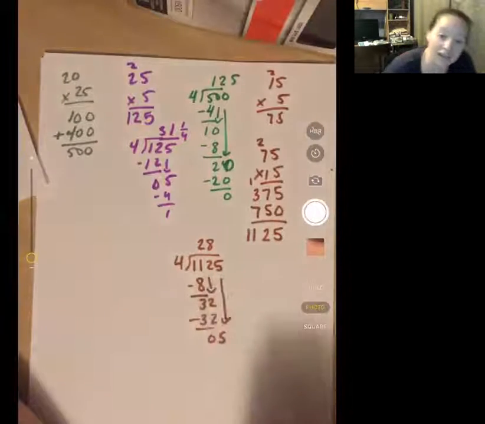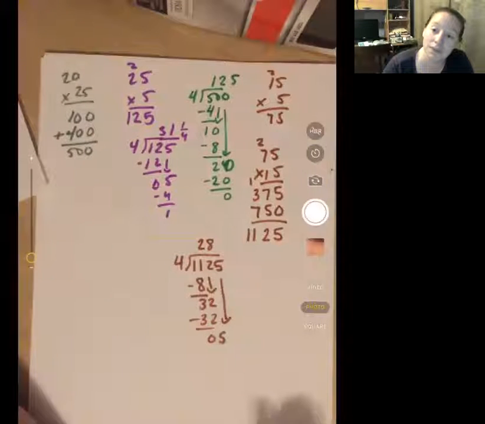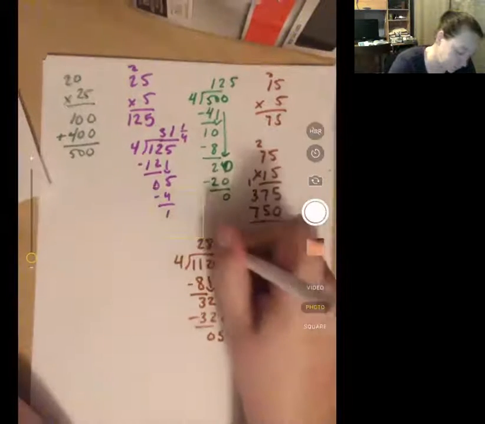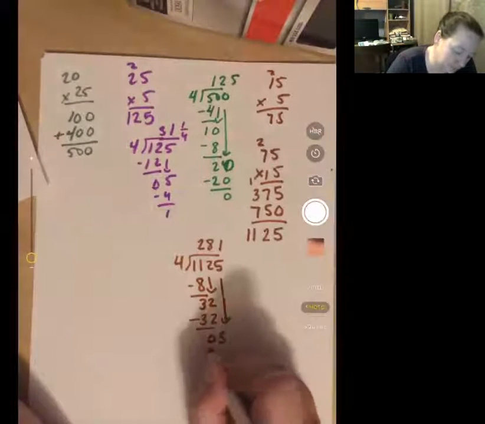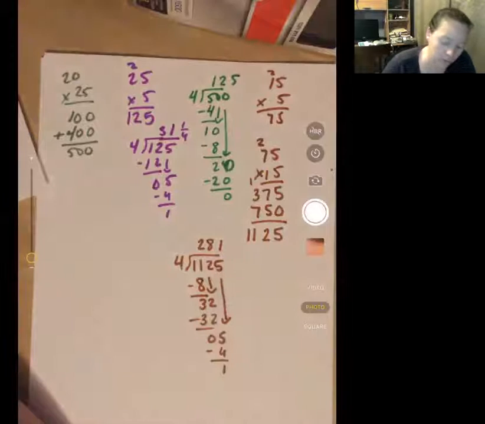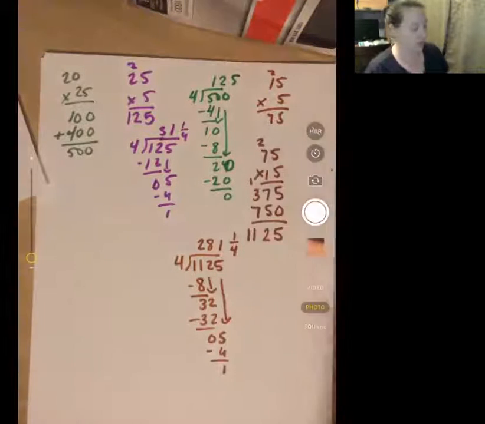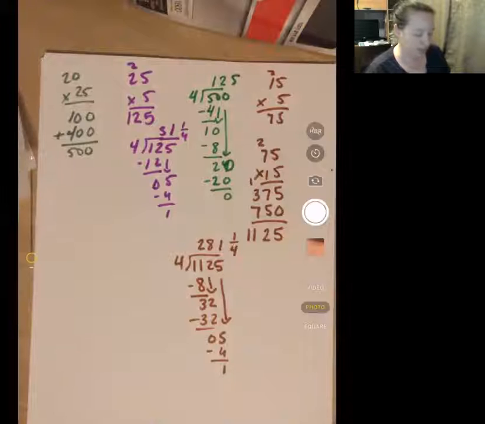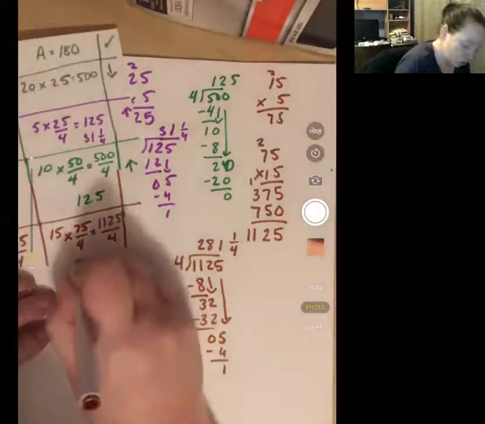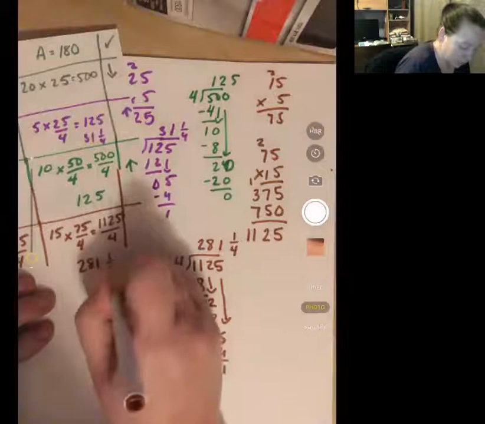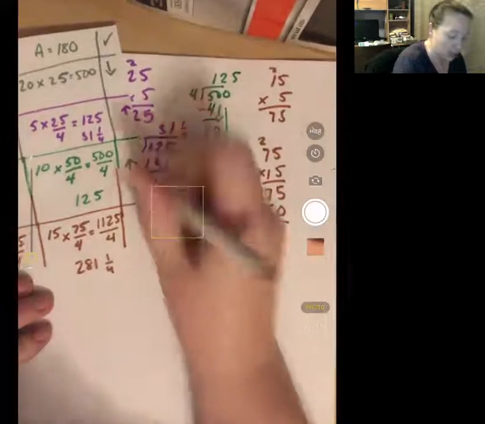Bring down the 5. How many times does 4 go into 5? Once. So 5 minus 4 gives us a 1, and 1/4. So 15 gives us a 281 and 1/4, which is too high.